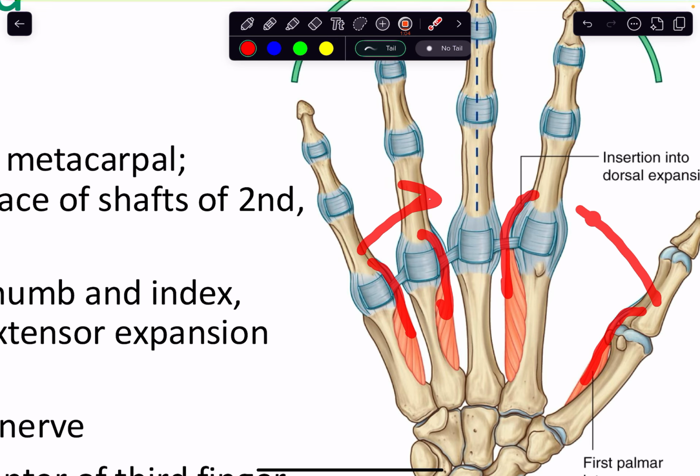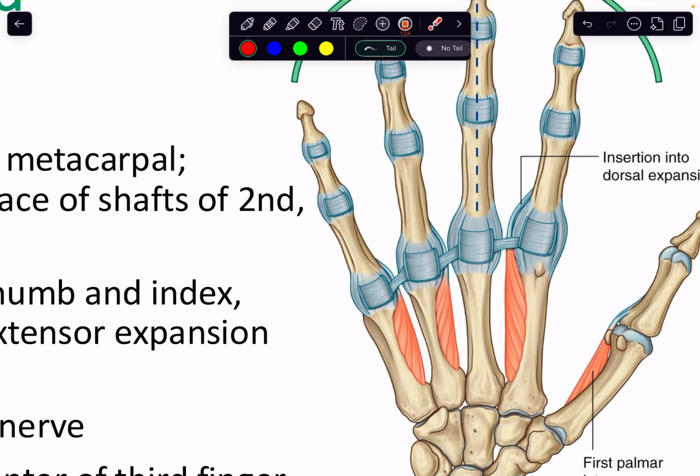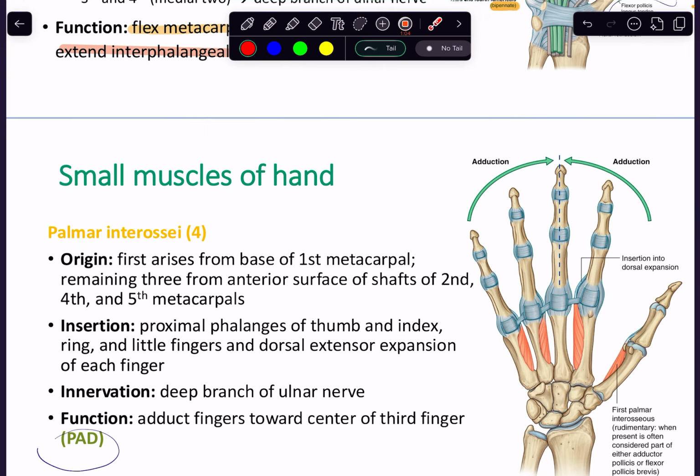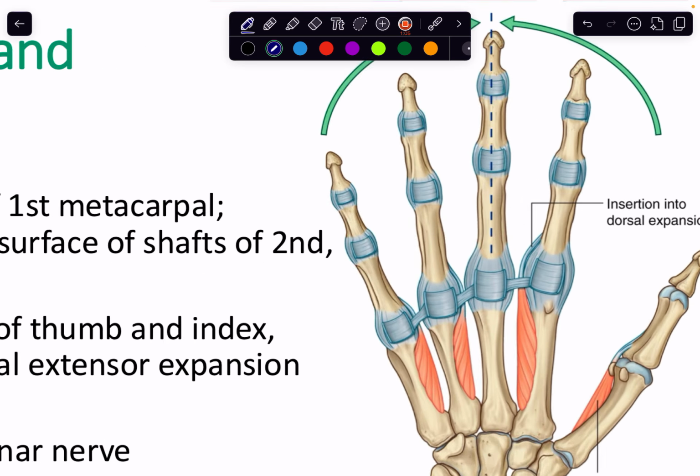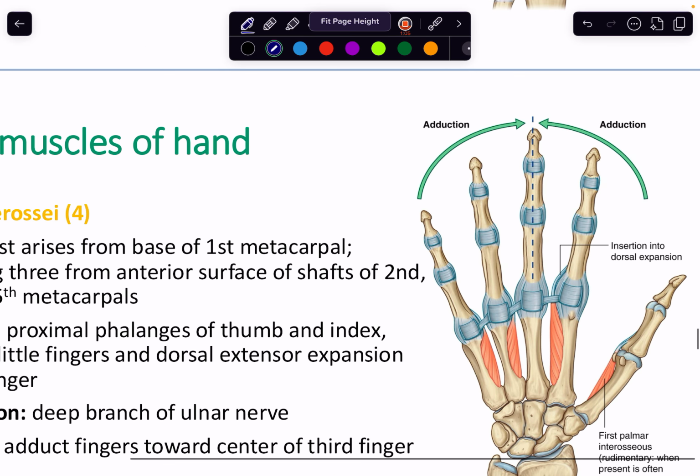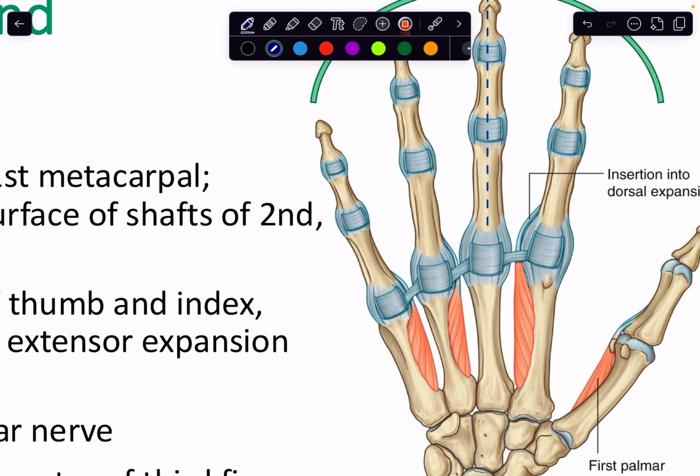All 4 muscles pull toward the center: for these 2 they attach to the radial side, but for the other 2 it is opposite, so this will rest on the ulnar side, and this is also on the ulnar side.